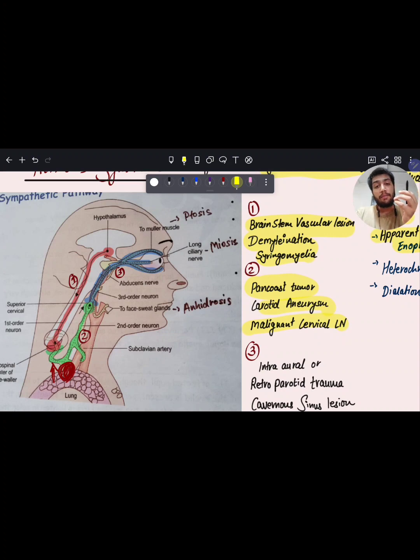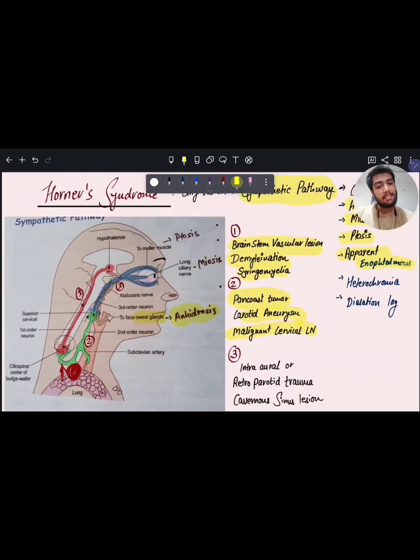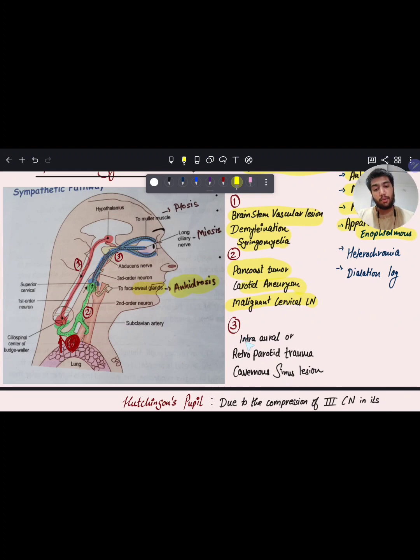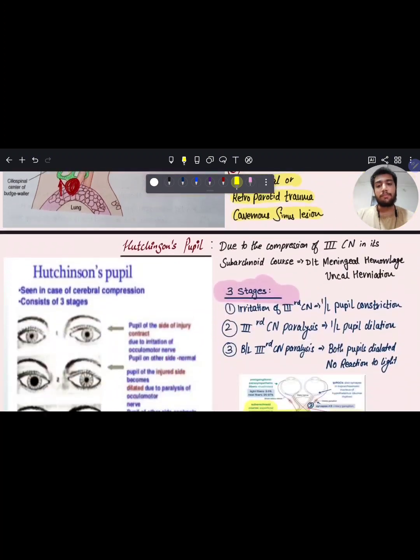If it is damaged, then you're gonna present with miosis. And also because the sympathetic system is also responsible to supply the sweat glands, if it is damaged, you are going to present with anhidrosis. And this is the logic behind Horner syndrome. So in the third order neuron, if you have something like intraoral or retroparotid trauma or cavernous sinus lesion, you can also present with Horner syndrome.